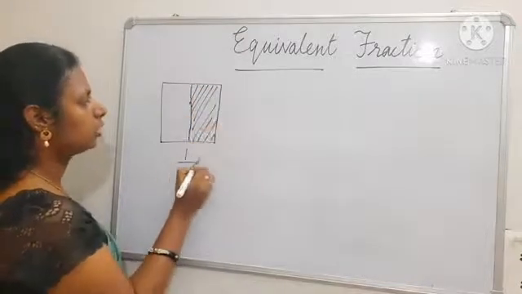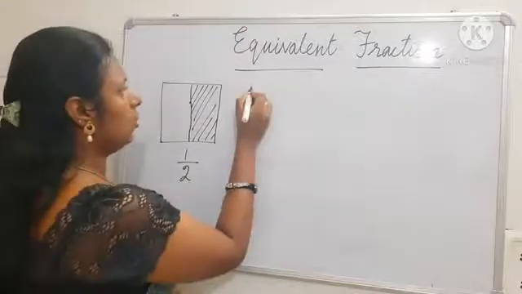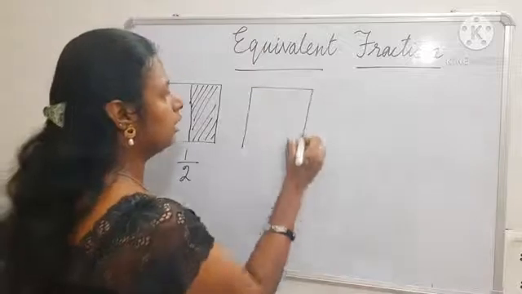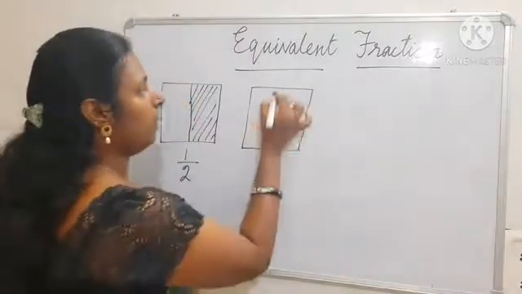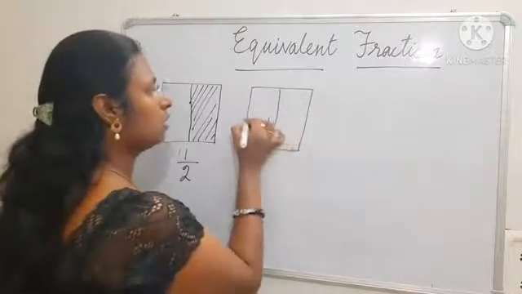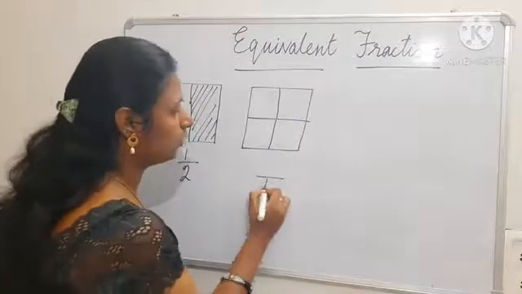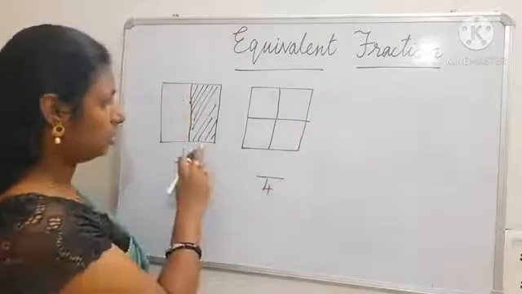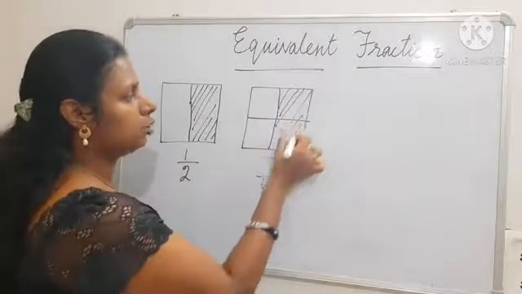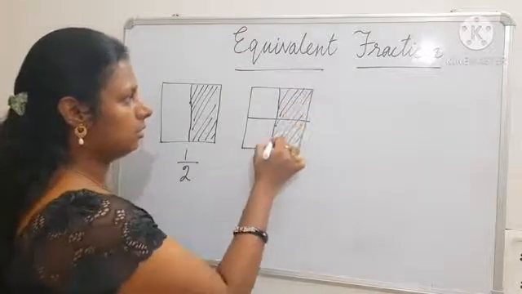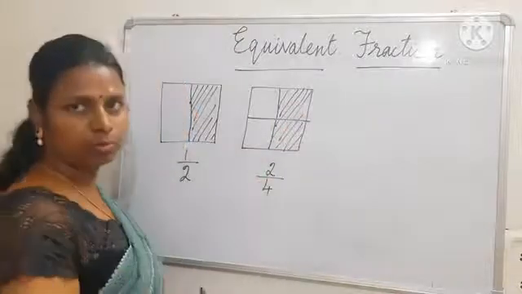So what is going to be the fraction? 1 by 2. Now I am going to take another square, but I am going to divide it into 4 parts. Total number of parts 4. But the same portion I am going to shade, that is 2 parts. Now 2 parts are shaded. Now 2 upon 4.